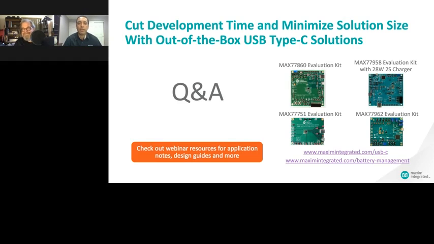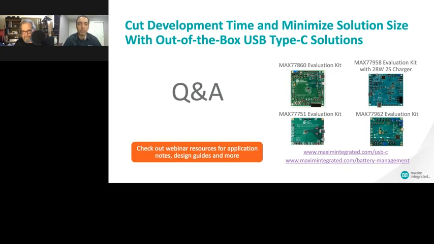One of the advantages that the MAX77958 offers is the ability to upgrade the firmware. I think I mentioned this in the presentation, but there are multiple ways that you can upgrade it. One of the most convenient methods is if you have a microcontroller on the board, which these days you often do for applications which need over-the-air updates.